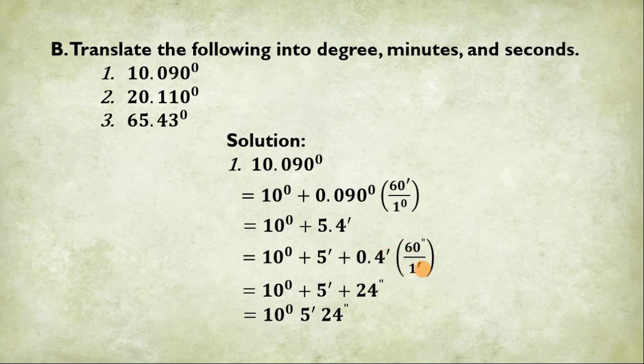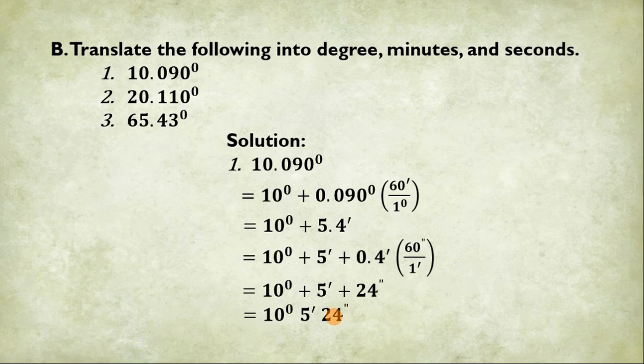In this case, we have 0.4 times 60 all over 1. That's 24, and the unit is in seconds. So we have 24 seconds. So finally, we just eliminate the plus symbol. So 10.090 degrees is equal to 10 degrees, 5 minutes, and 24 seconds.